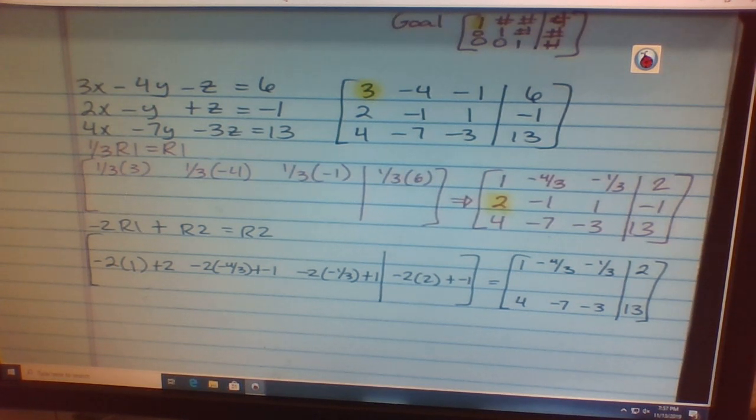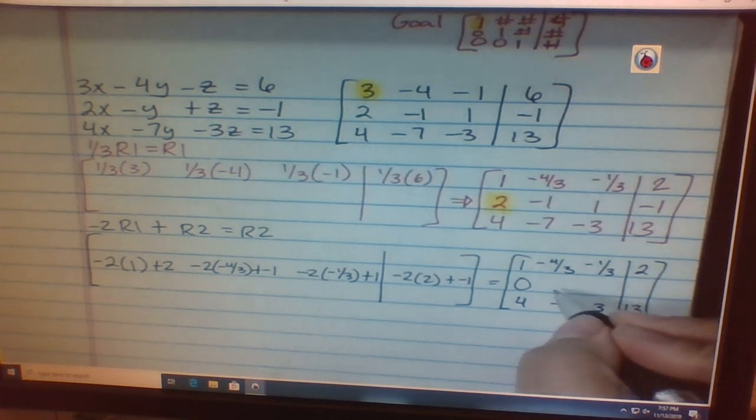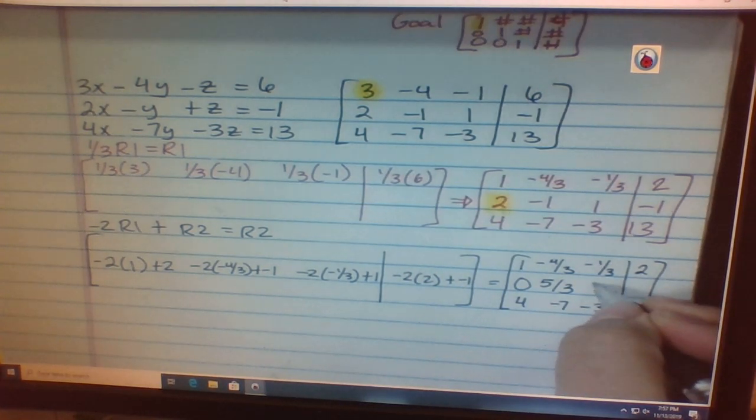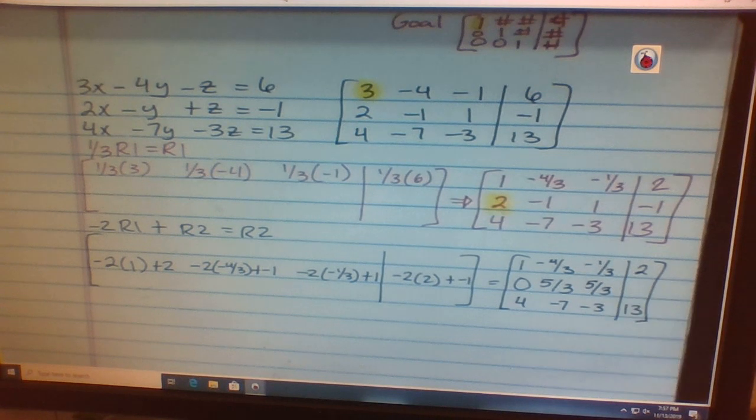So you use your calculator because it's fractions. -2 times 1 plus 2 is 0. -2 times -4 plus -1 is 7. 5/3. -2 times -1/3 plus 1 is 1/3. 5/3 also. And -2 times 2 plus -1 is -5. Yeah, because it's a -1.